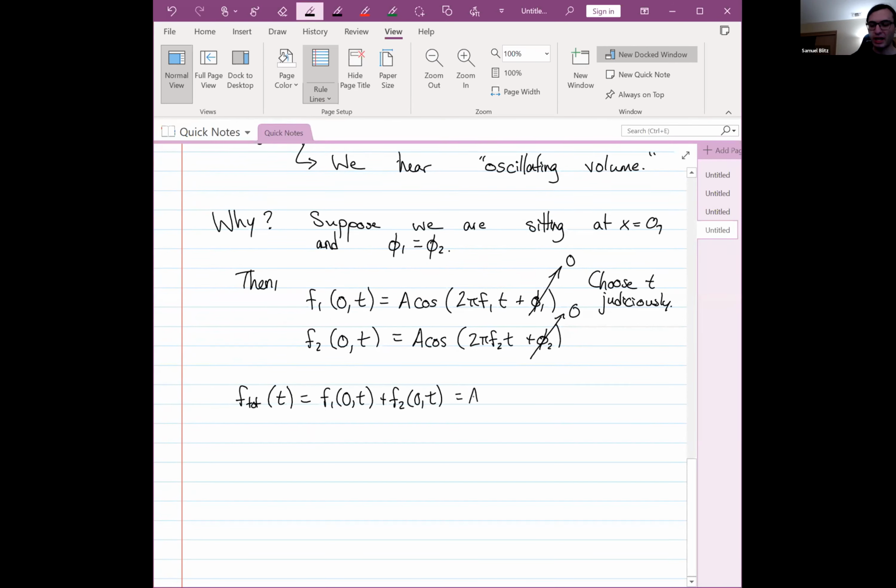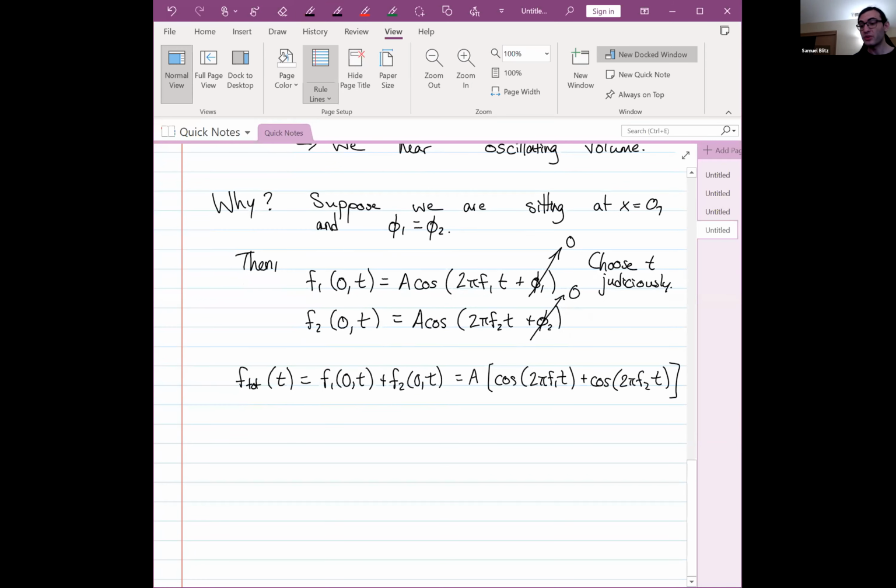And so this would just be a times cosine of 2 pi f1 t plus cosine of 2 pi f2 t. Now this should look familiar because we did something very similar when we were first talking about interference.